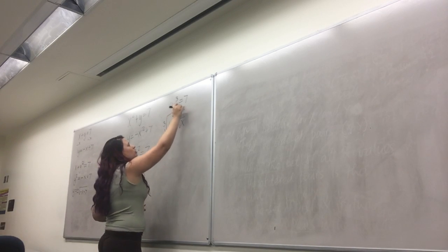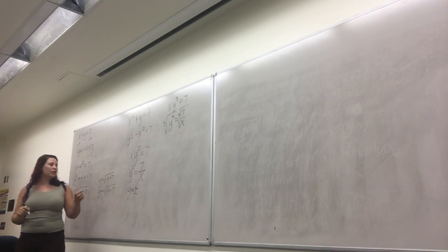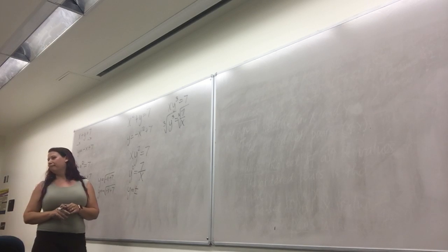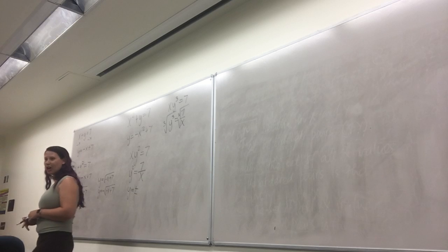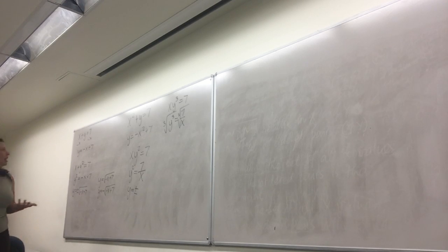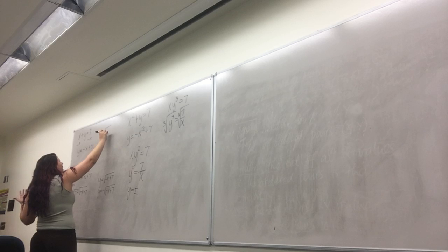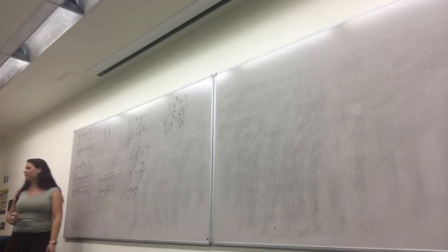When we take the cube root, or an odd root, do we get the plus or minus like we do on even roots? Why not? Because if we take the cube root of negative 8, what is that?